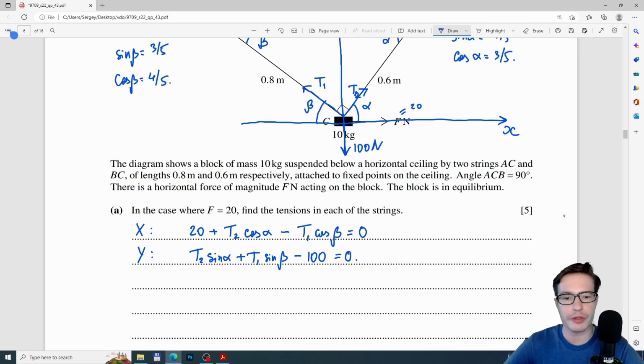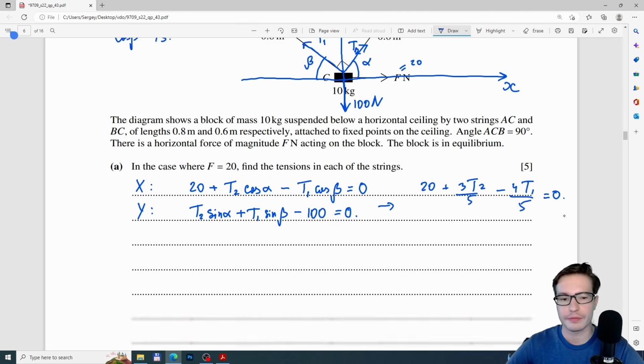Now, we already know what cosine alpha and sine alpha are. So we can just rewrite our equations as 20 plus T2 cosine alpha, that's 3/5, minus T1 cosine beta, that's 4/5, equals 0.